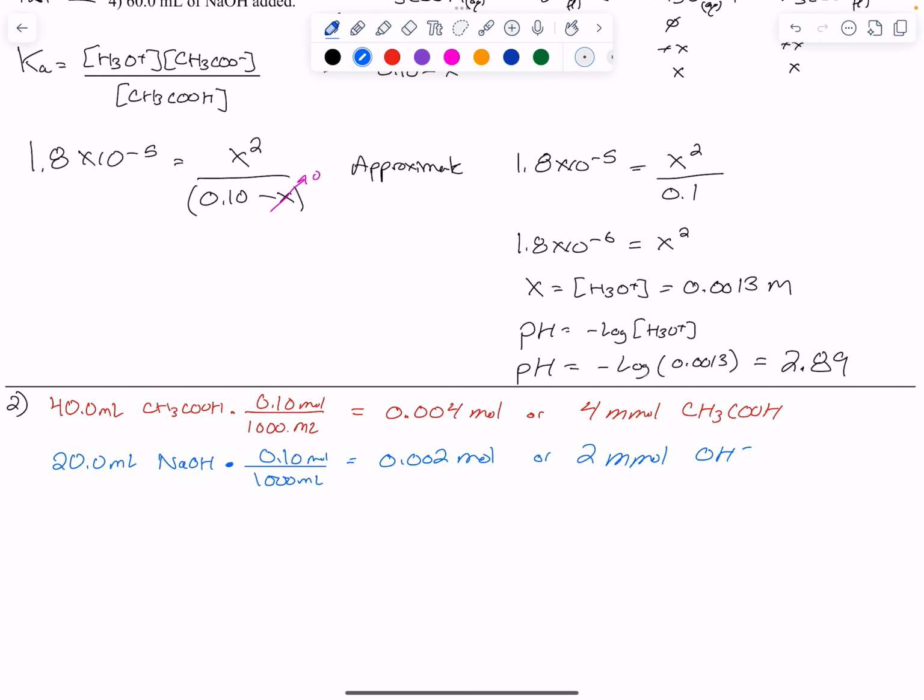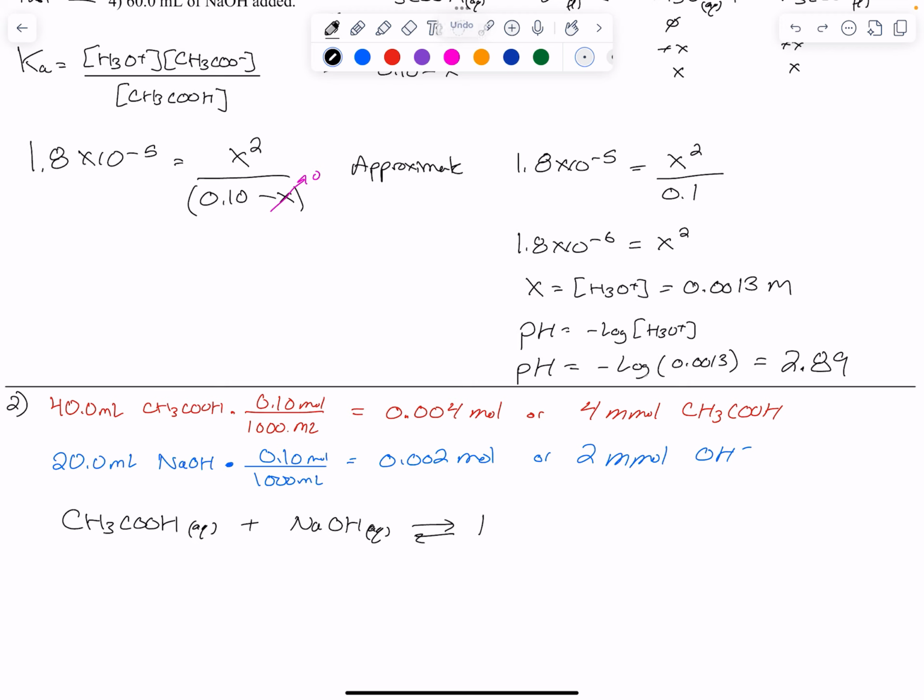Why not? Well, let's write the balanced equation. You would have CH3COOH, acetic acid. We have sodium hydroxide. You have hydronium. Well, actually, you don't have hydronium.